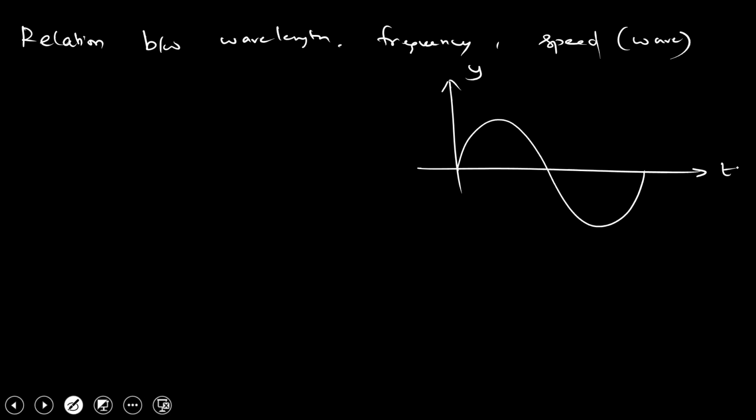Okay. Now, starting from here, starting from A to B, can I say this is one complete oscillation? So in one complete oscillation, you have a positive cycle and a negative cycle. So in one complete oscillation, what is the distance traveled by the particle?